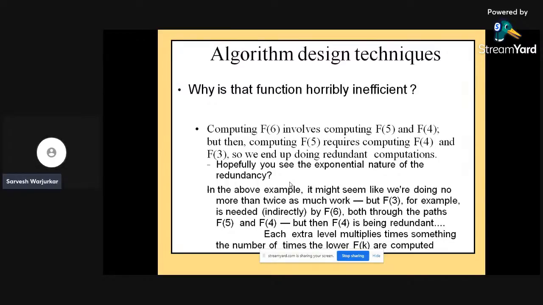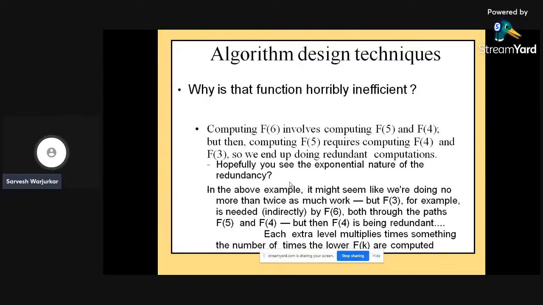In the above example, it might seem like we are doing no more than twice as much work. But F3, for example, is needed indirectly by F6 both through the path F5 and F4, which is completely redundant.